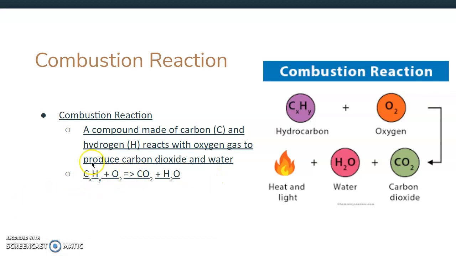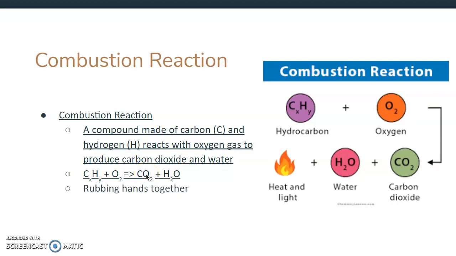What this is saying is we have any number of carbons and any number of hydrogens coming together, always with oxygen, to make carbon dioxide and H2O. Anytime you see these groups of things coming together in this way, these specific elements and compounds, it's going to be combustion.